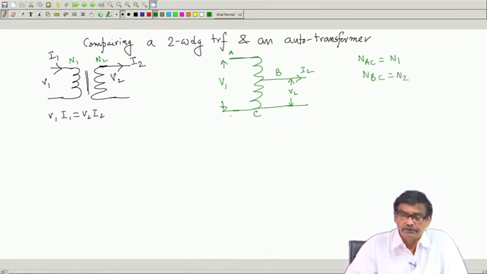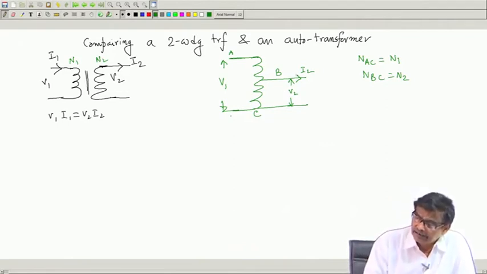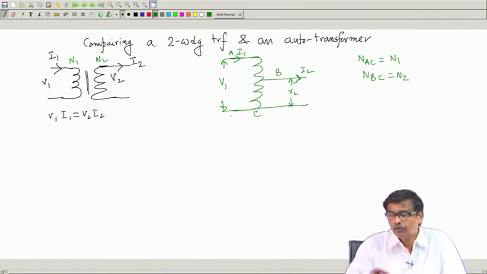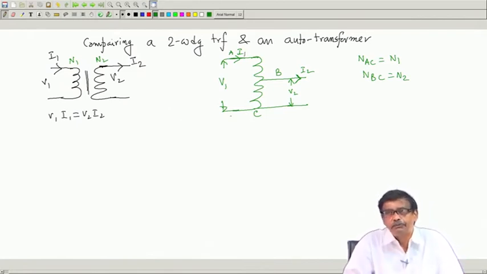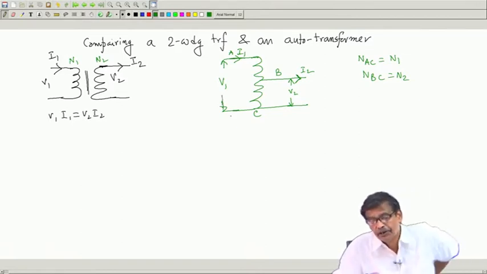This is what I will do. Therefore, when this current is delivered, here also the current should be I1. Output voltampere must match the input voltampere. So this is V1.